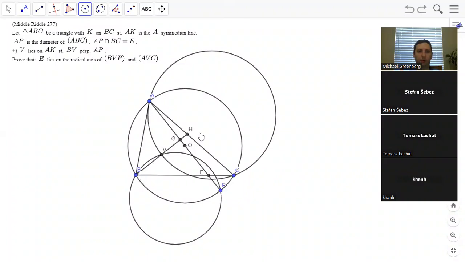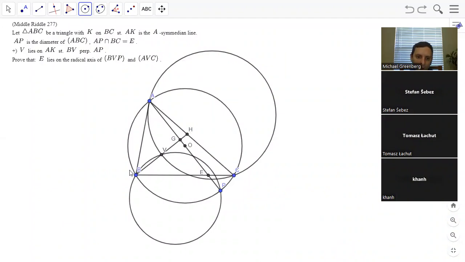I'm just trying to think why V is the midpoint of BH. Basically, we want to show that AV is a symmedian. ABH is inversely similar to ABC.